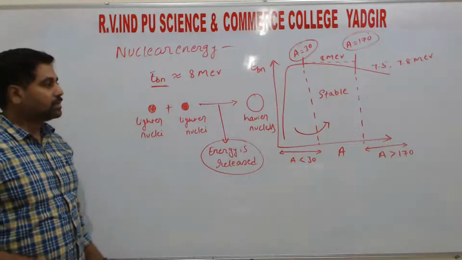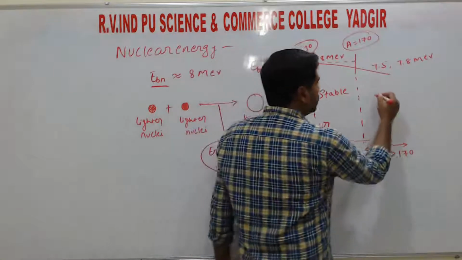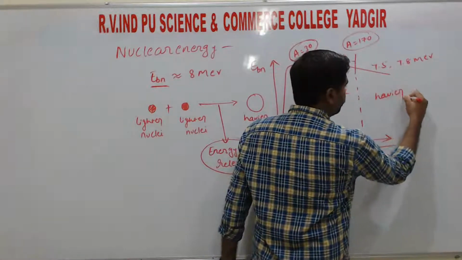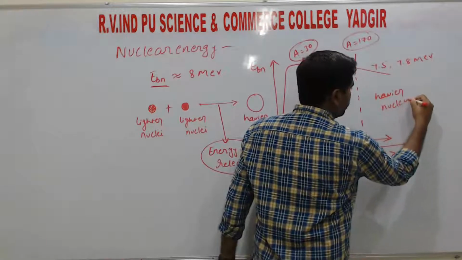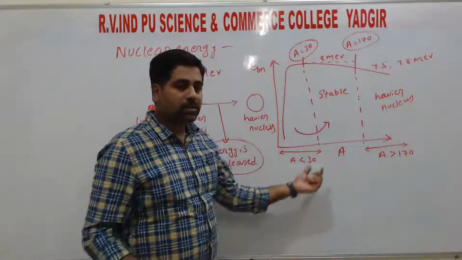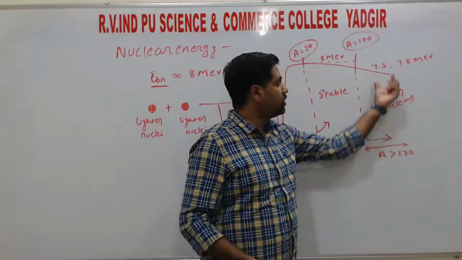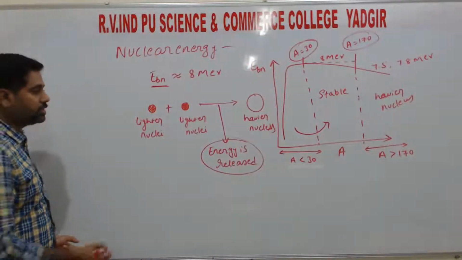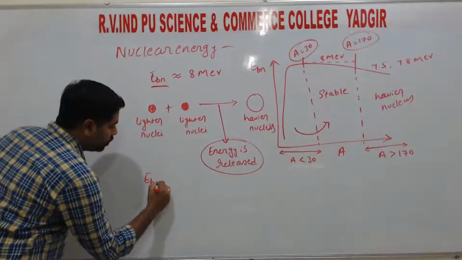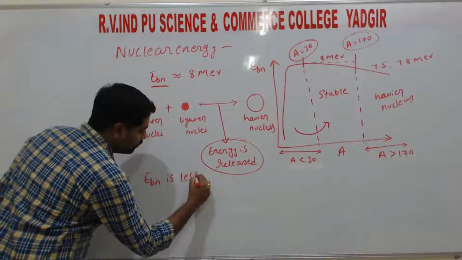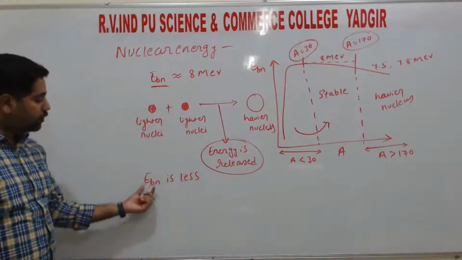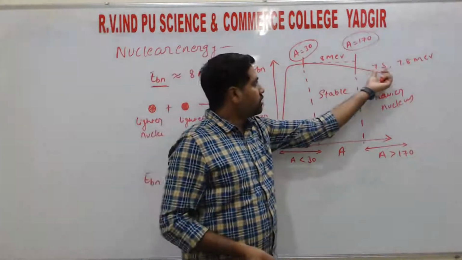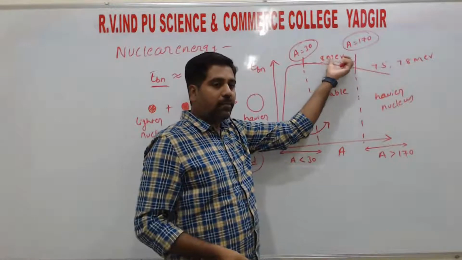So next, in a similar case, here we have the heavier nuclei. That is, the mass number greater than 170, those are all heavier nuclei. In a heavier nucleus, the binding energy per nucleon is less, right? That means this value is comparatively less than 8 mega electron volt.